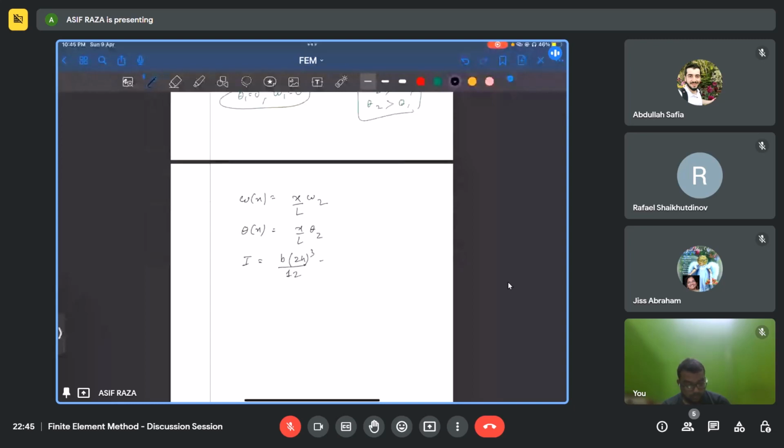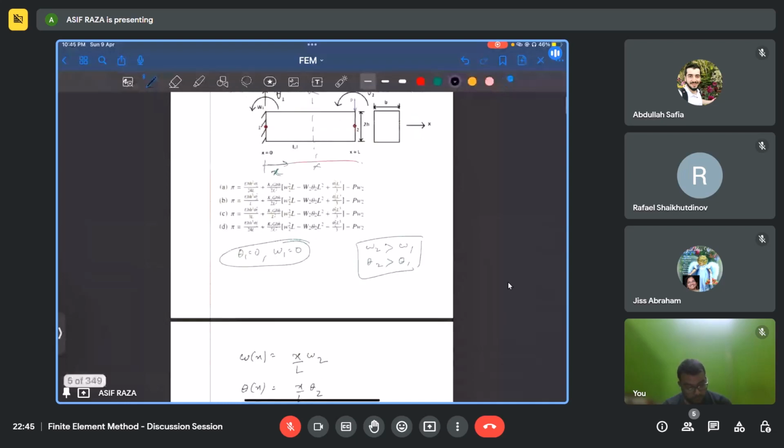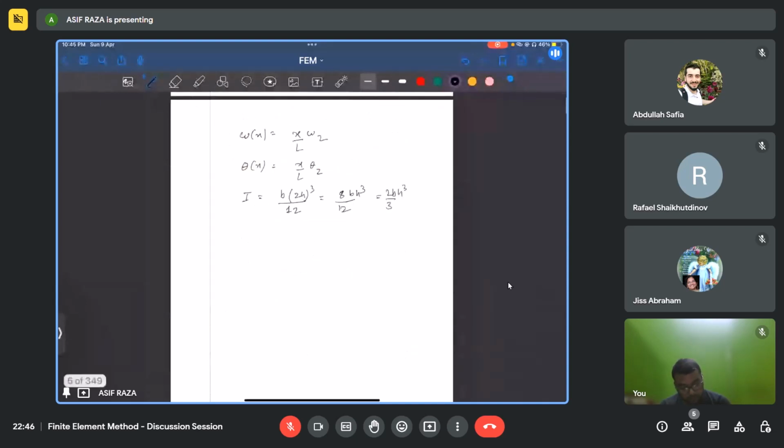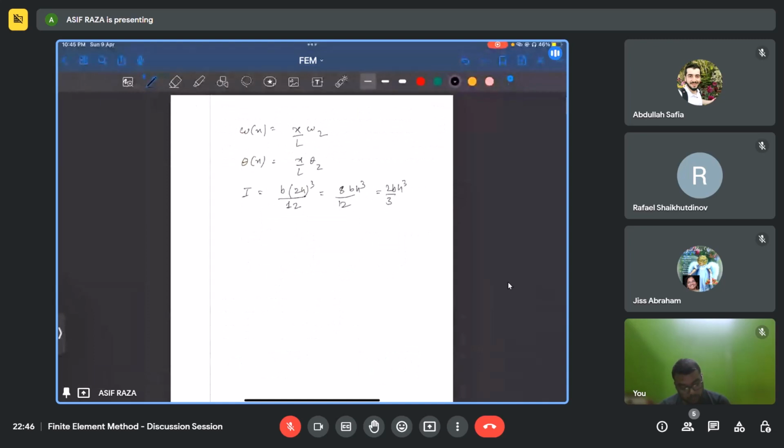Simplifying further, this equals 2 by 3 bh cubed. Now, the potential energy due to bending will be equal to EI by 2 times the integral from 0 to L of d theta by dx whole squared dx.